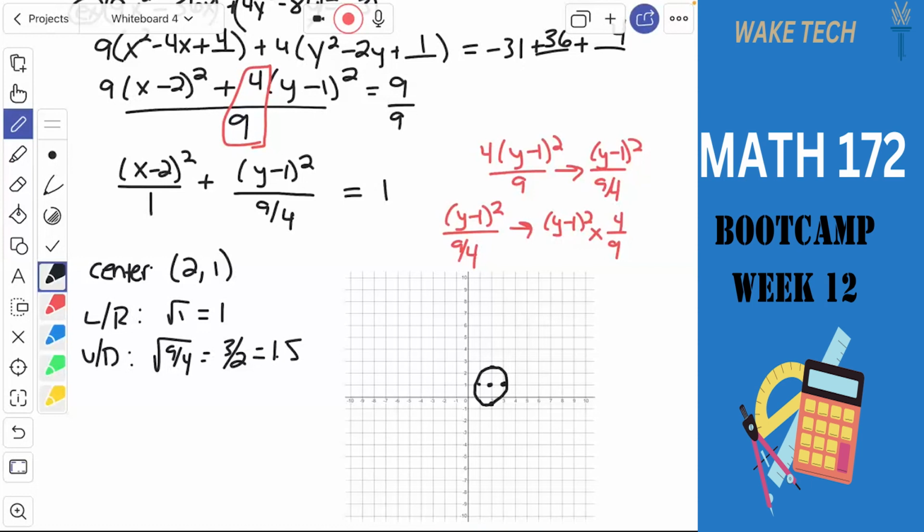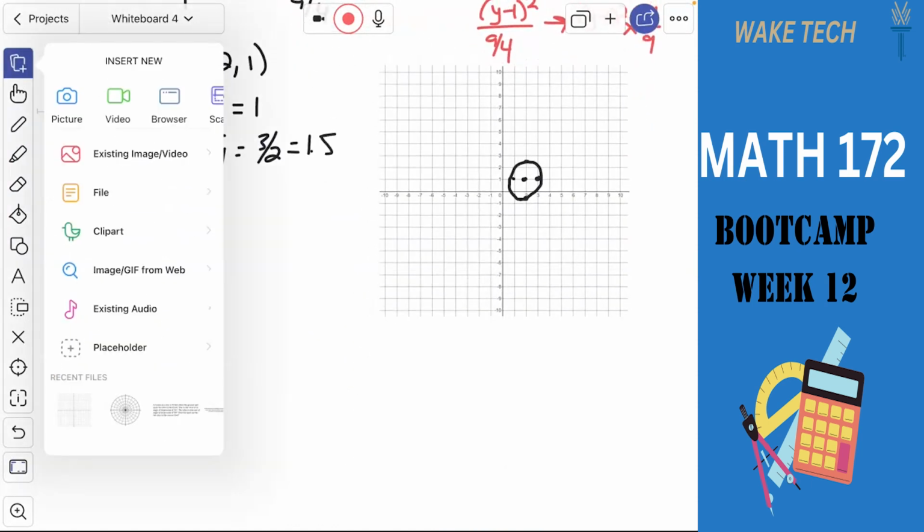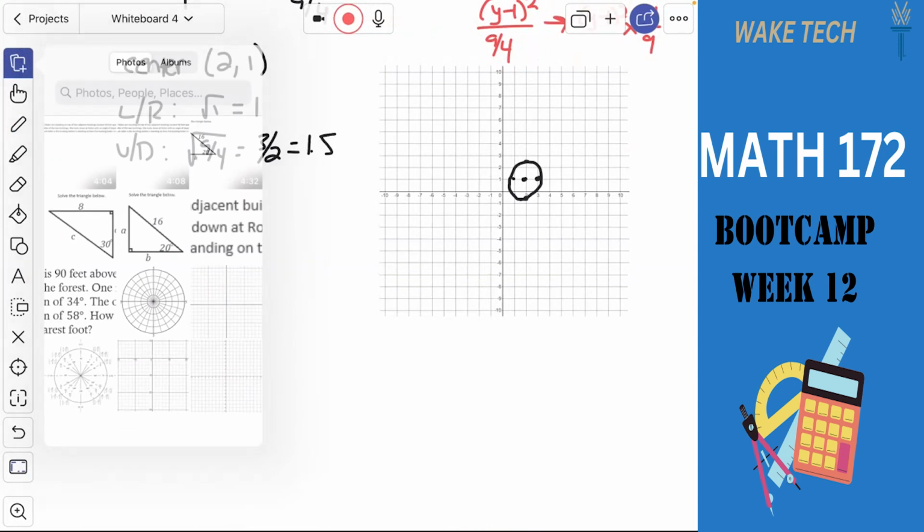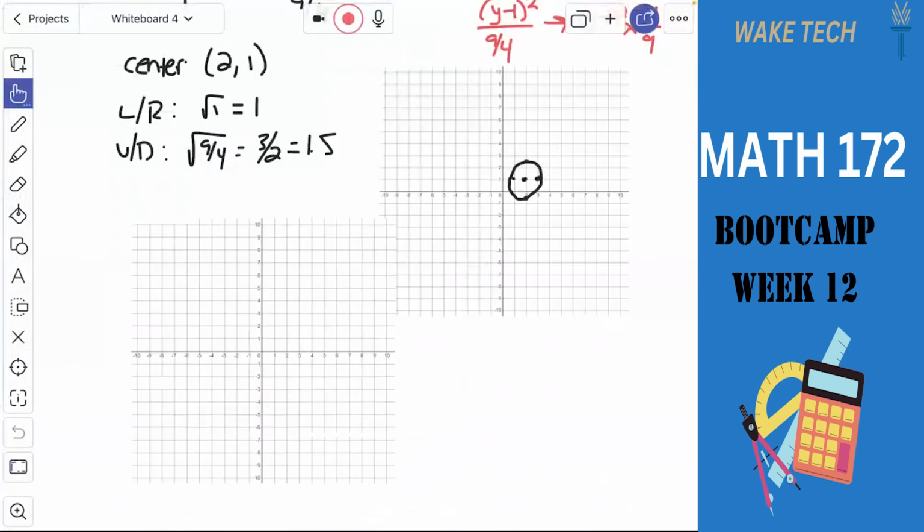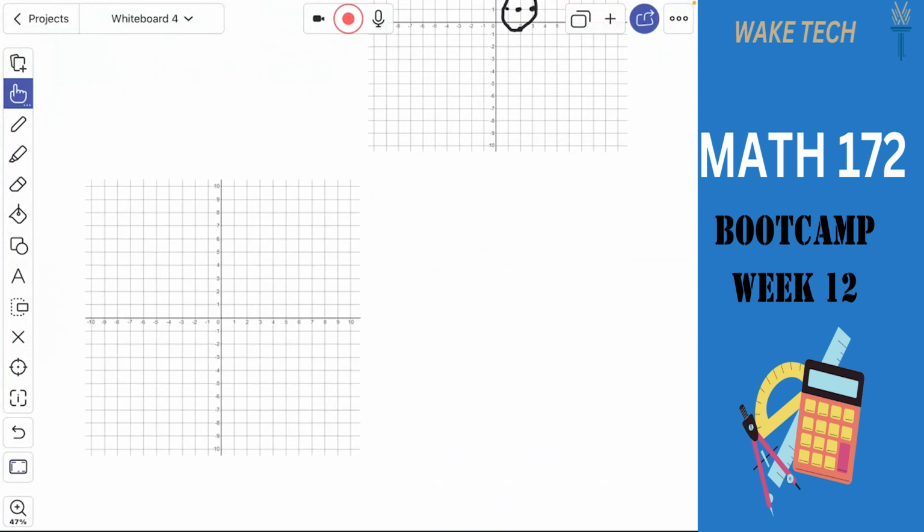So we're going to do one more then. This one's a little different from all of the rest of these. What we'll do with this one is actually start with a graph and write its equation from there.